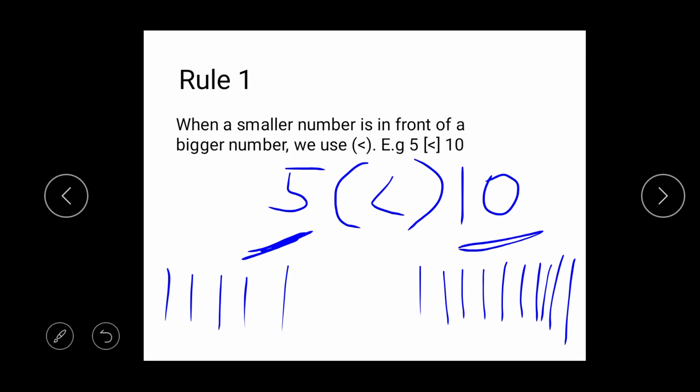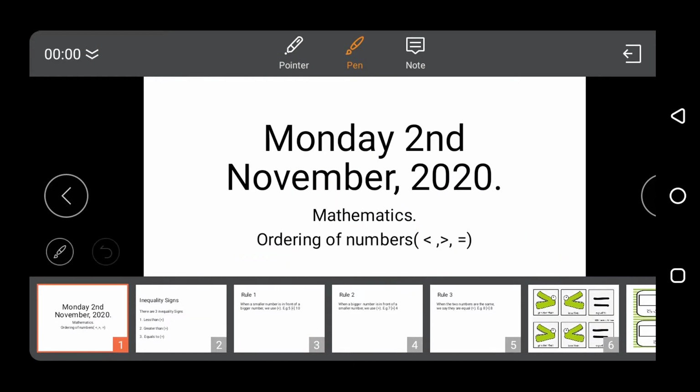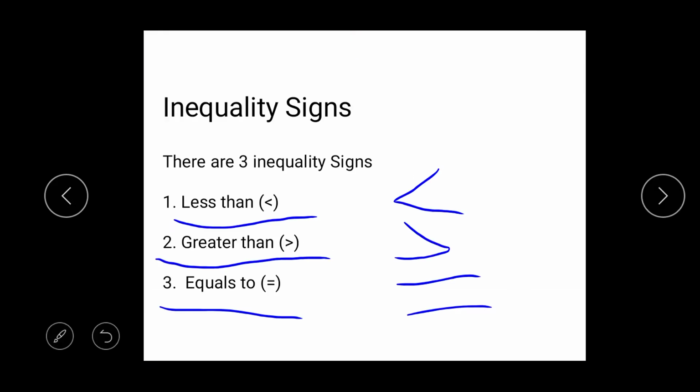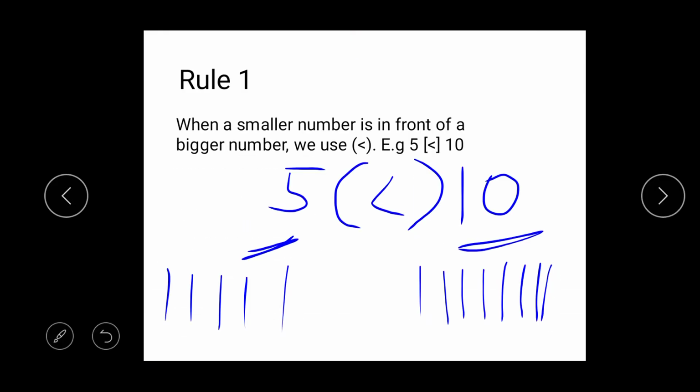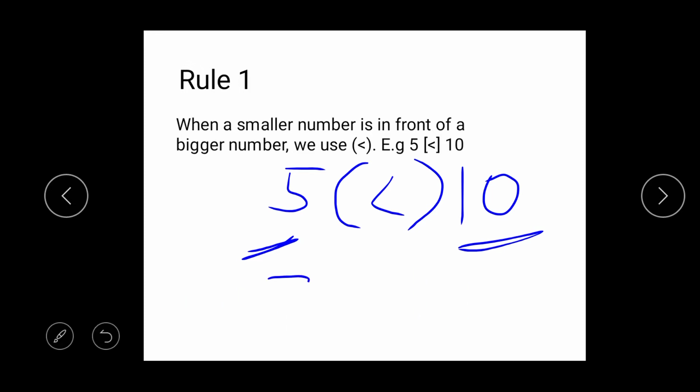Okay, so let's try another number. Let's try 7 and 9. Who can tell me which number is smaller? 7 is smaller than 9, so we can say 7 is less than 9.